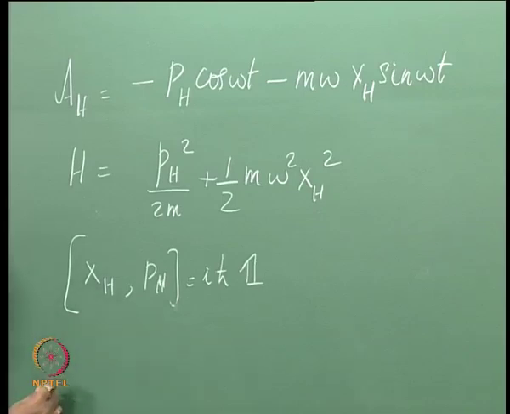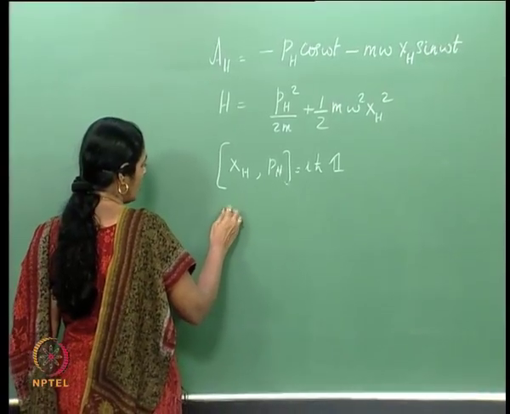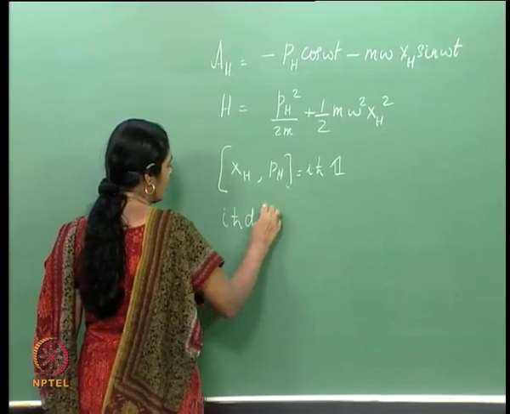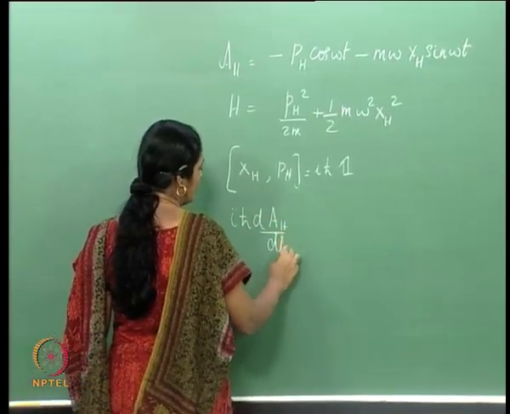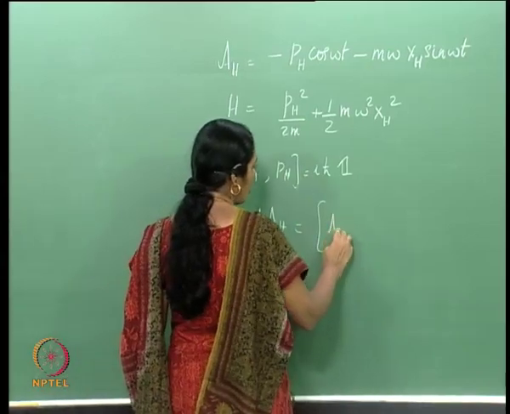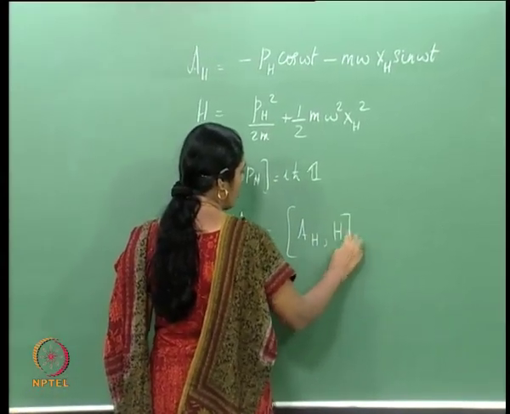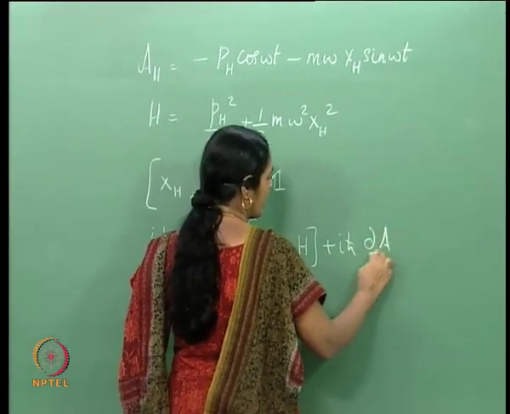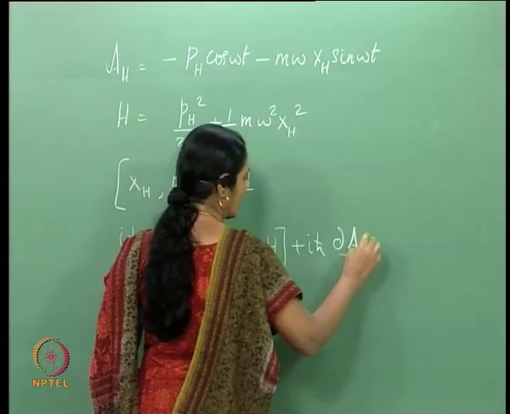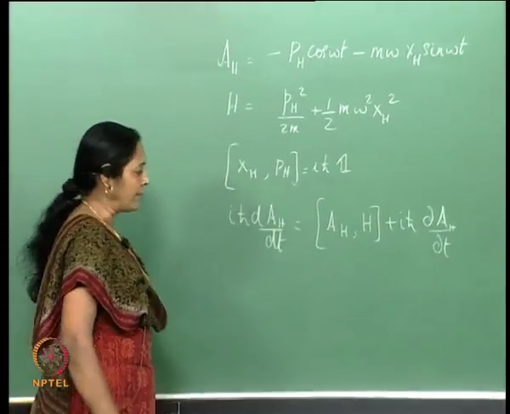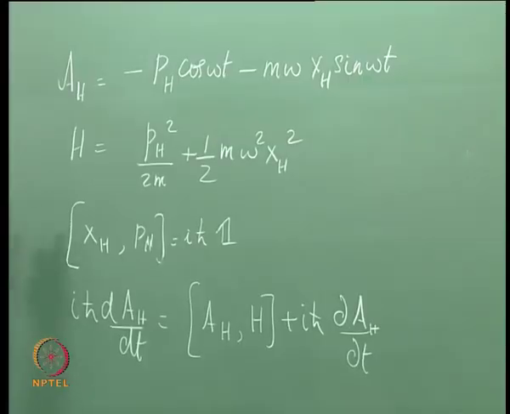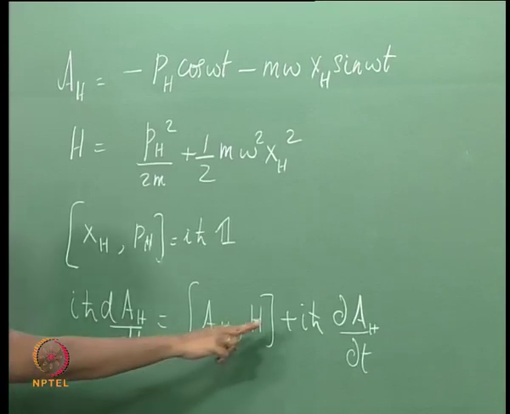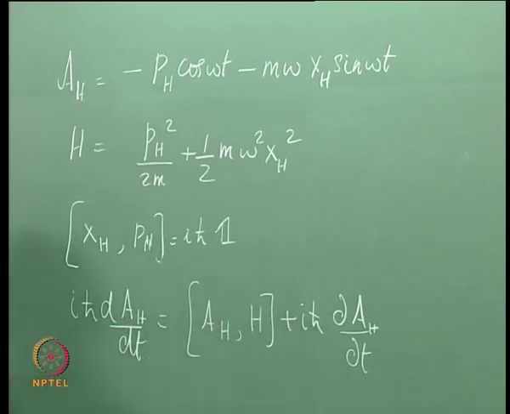So now let us look at the equation of motion. iħ dAH by dt is a commutator of A with H plus iħ delta A by delta t. This is the explicit time dependence. In this problem, let us calculate these two terms.